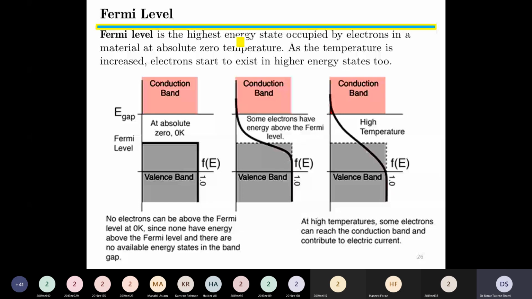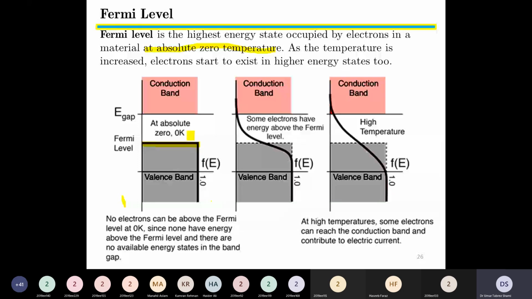As the temperature is increased, electrons start to exist in higher energy states too. So let us look at the first diagram. Here we see the valence band, and here is the conduction band. And the Fermi level is over here, this yellow colored. This is the location of Fermi level.